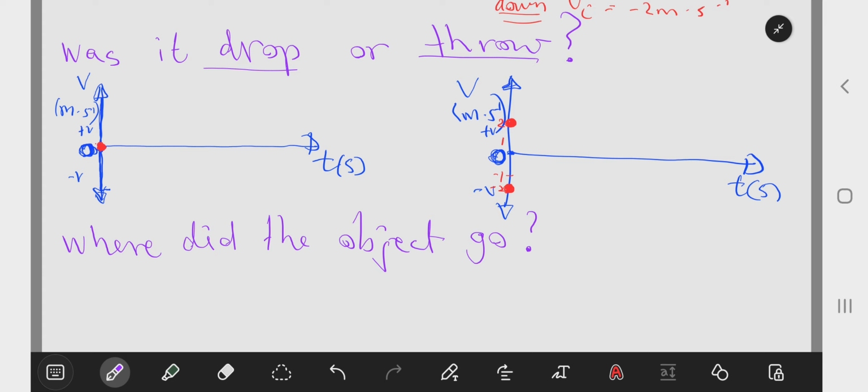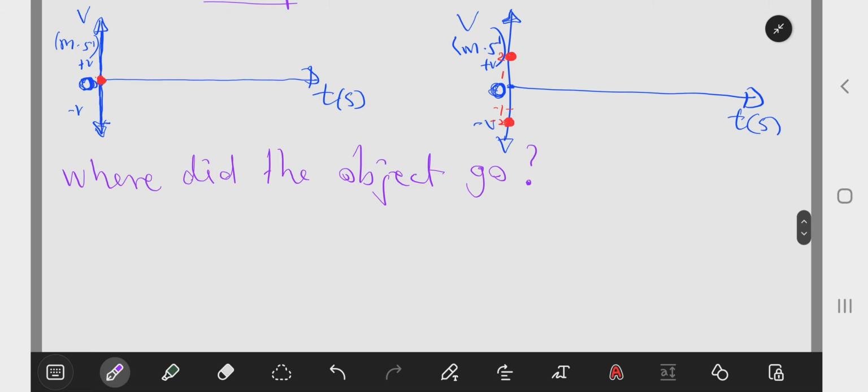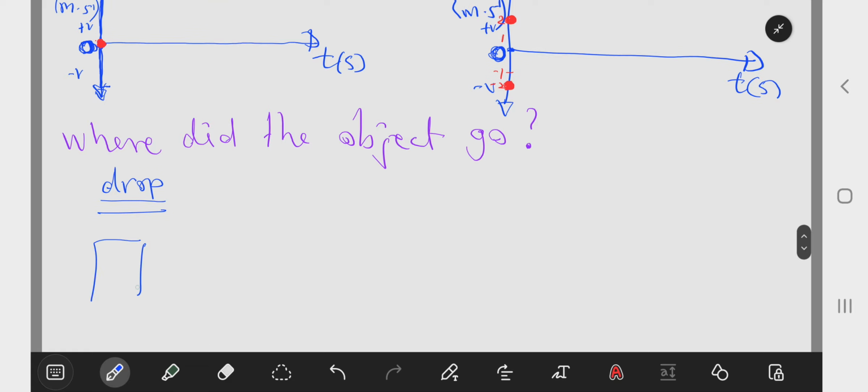But now let's explain for the first scenario, which is a drop, okay? So if you drop something from a stationary object, your initial velocity is equal to 0, right? So let's say, for example, we have a person on top of a building holding this ball here, right?